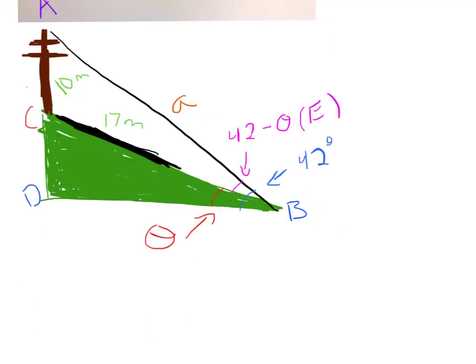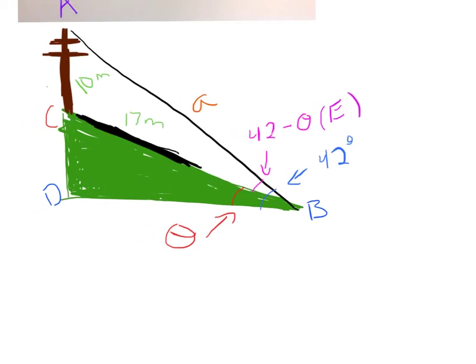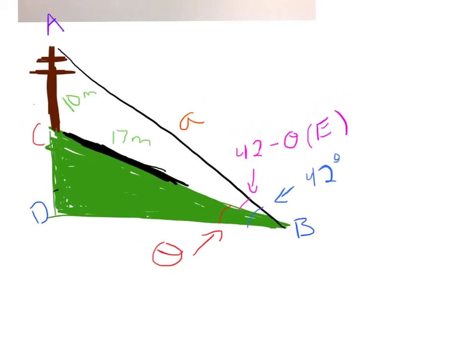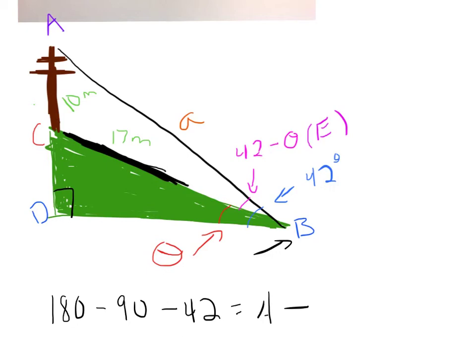So the first thing I did, I was trying to find A because I know D is a 90-degree angle and I'm given B as 42. So what I did is I took 180 minus 90 minus 42, and I got A to equal 48.